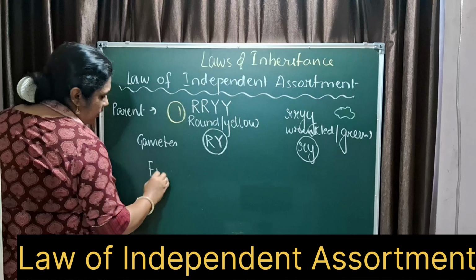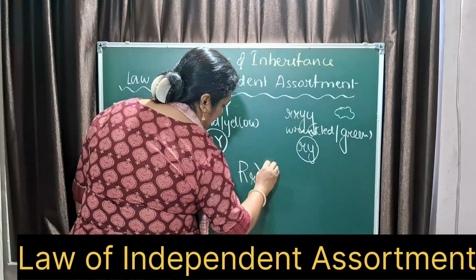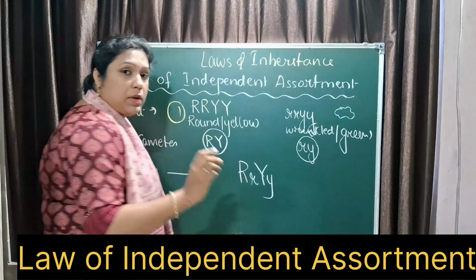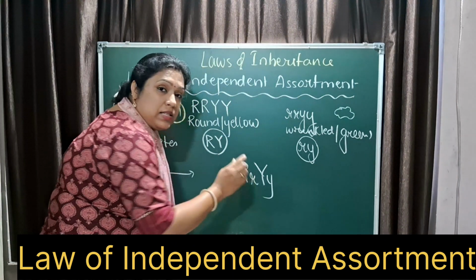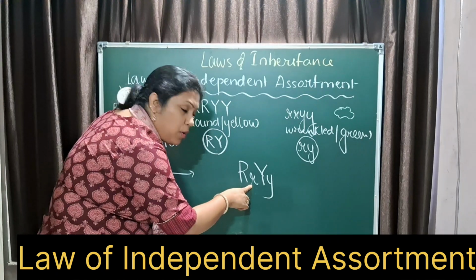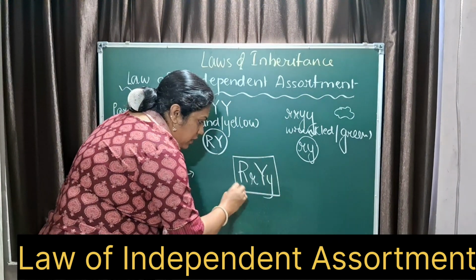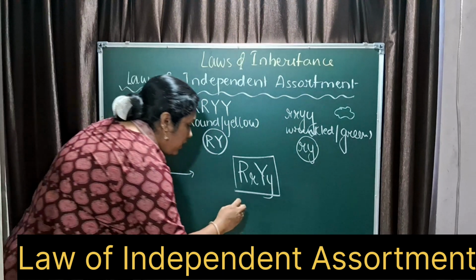And what will be the F1 formed here? F1 will be capital R, capital Y, small y. Remember, whenever you have to write, the same alphabet has to be written together, capital first, small later. Capital R, capital Y, small y. This is the F1 generation. So what is the phenotype?